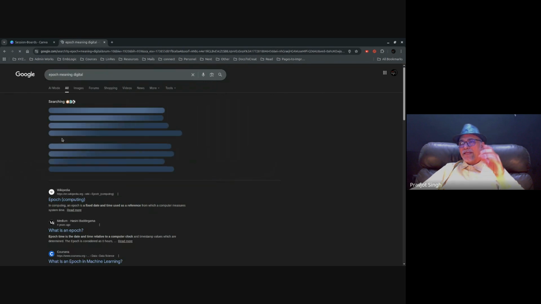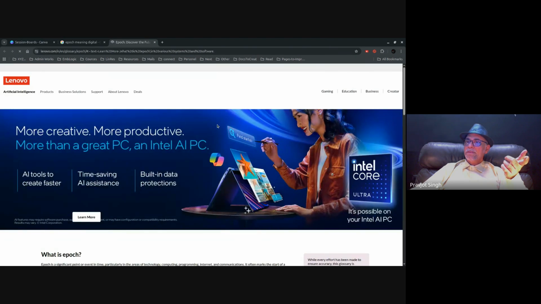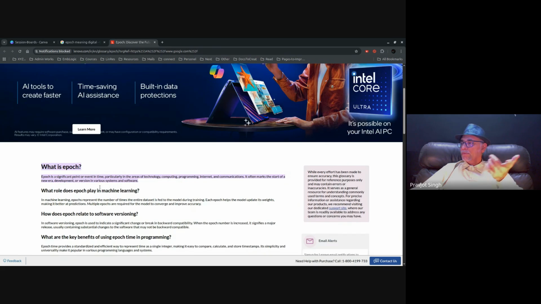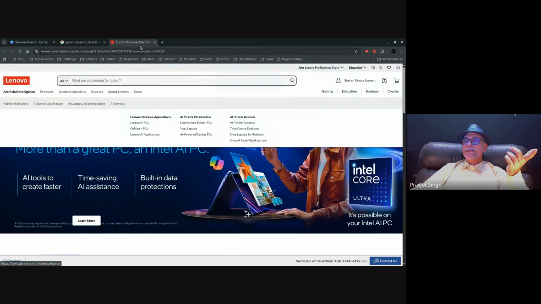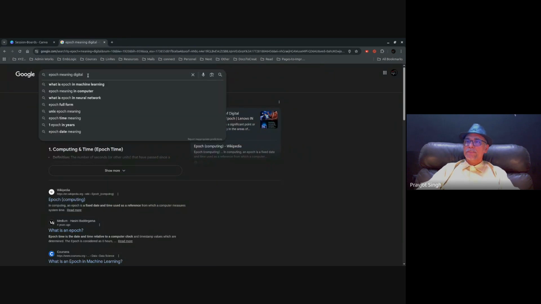Oh, in times of AI, Google appears to have different meanings for it. Epoch is a significant point in time, particularly in the area of technology. It often marks the start of a new era, development and version. This is AI changing the meaning of actual things. Epoch meaning in digital and date.